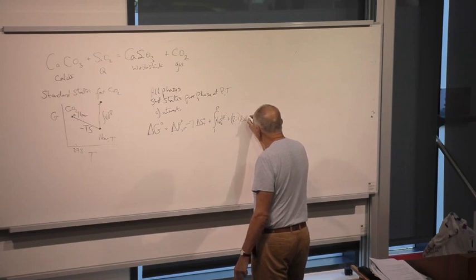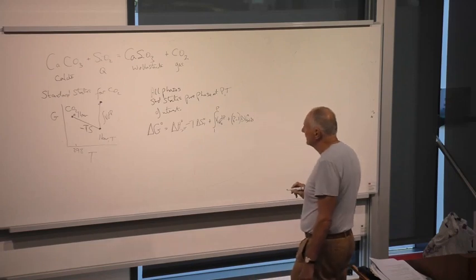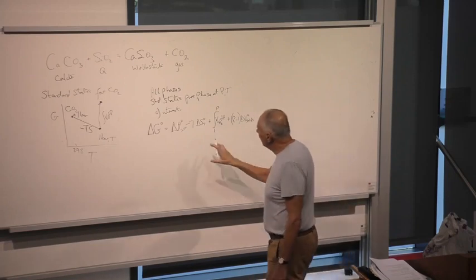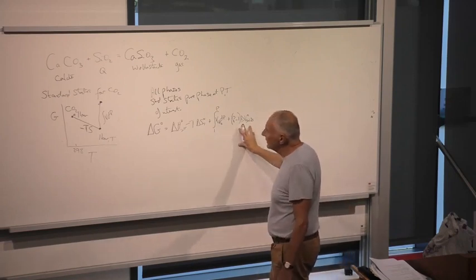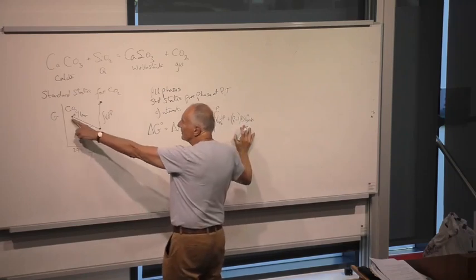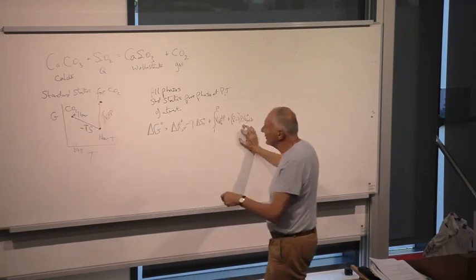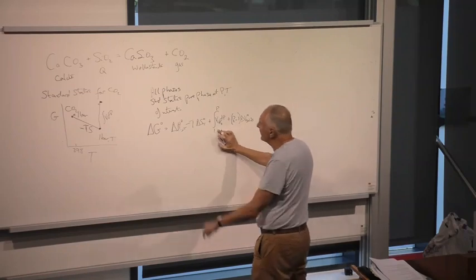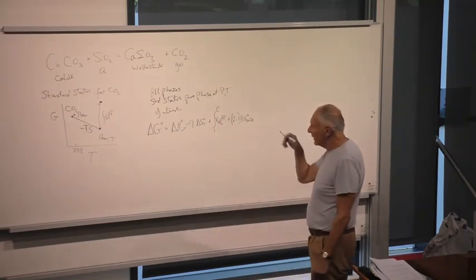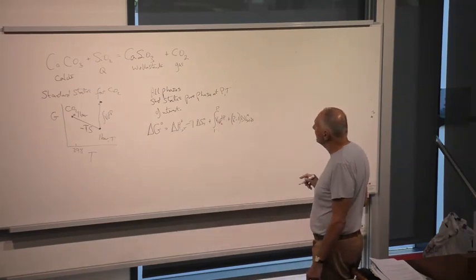We did this before. Okay, so here is the pressure volume term. So we go up temperature and then we go up pressure. And the PV term for the solids, of course, is very simple. For the gas, it's more complex. We need the equation of state for the gas to do that.